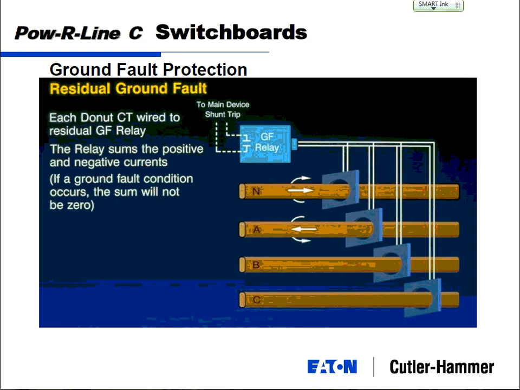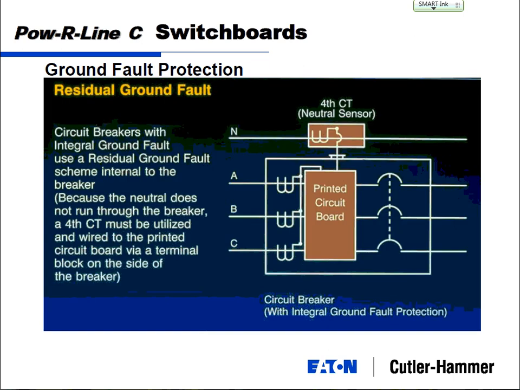Now, residual does it a little bit differently. You've got individual CTs on your three phases and your ground. All four of those pieces of data go into the ground fault relay, which does the adding and subtracting to make sure they should all equal zero. This is the way solid-state trip units in circuit breakers are made.